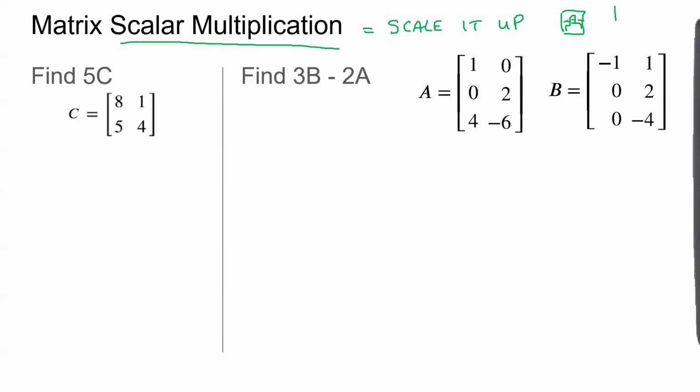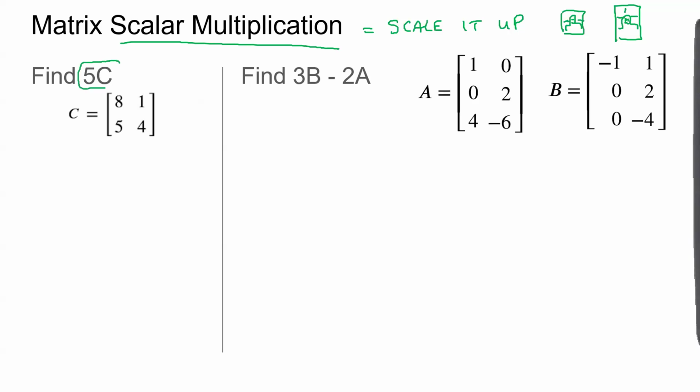I could scale that thing up and make it twice as big, right? And I just multiplied everything by 2. I could scale it down by multiplying by 0.3 or something, right? And making it bigger or smaller. That's essentially what we're doing here.